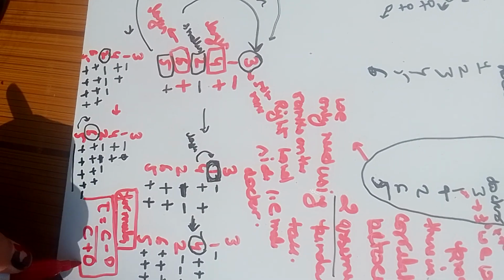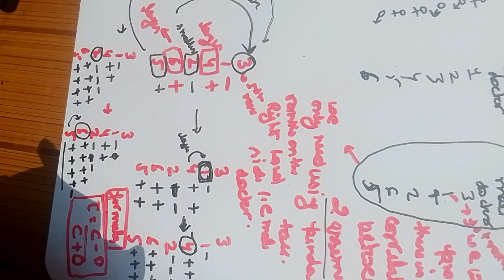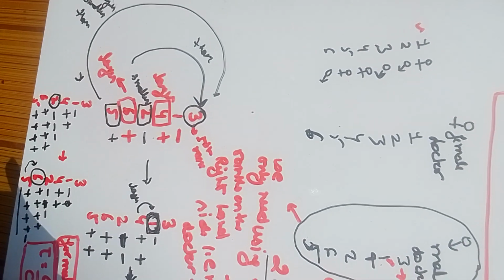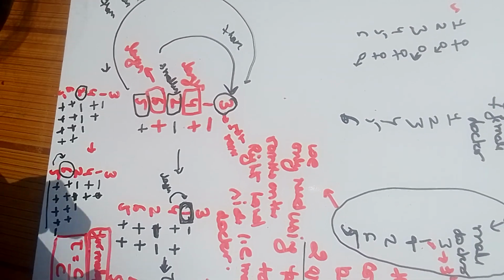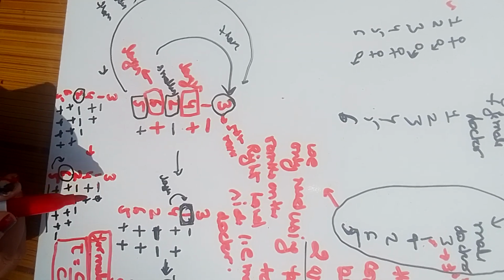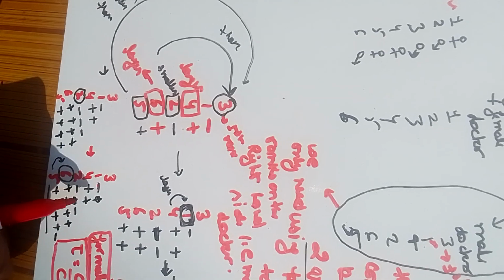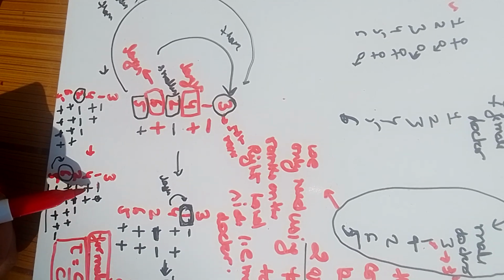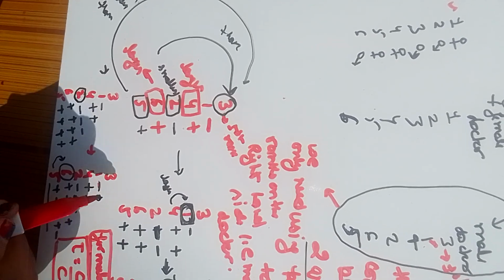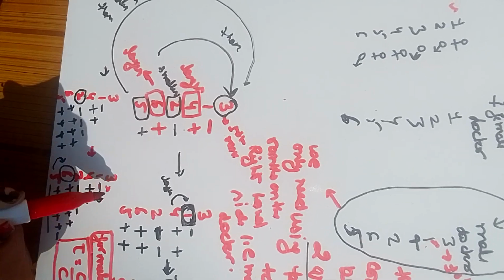That was the formula of Kendall's tau. Understood? Now look, how many positive signs are there? Positive signs are concordant pairs, and negative signs are discordant pairs.